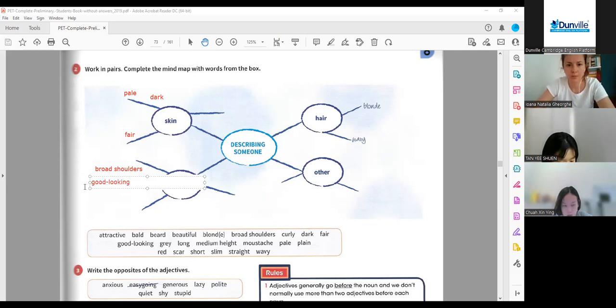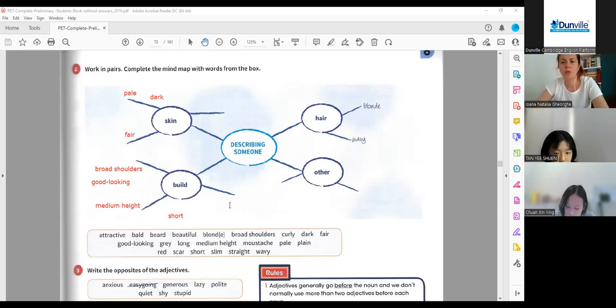What else? Medium height. There's one more about height there. Short, yeah, short. Excellent. Okay. What did you write for hair, Tan? Curly, yeah.